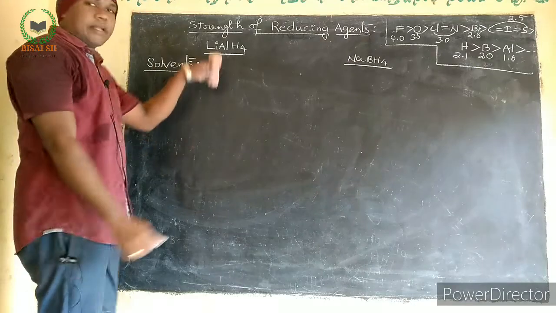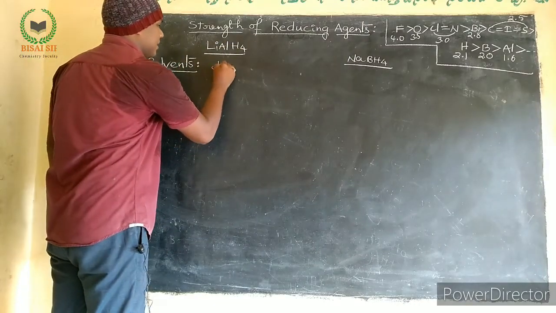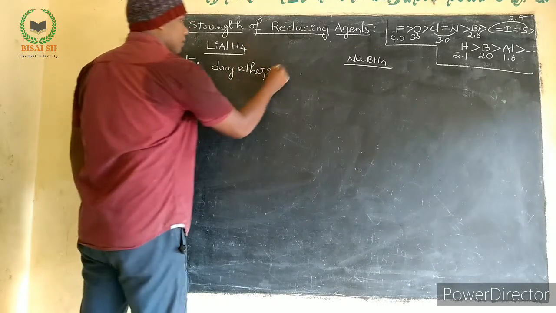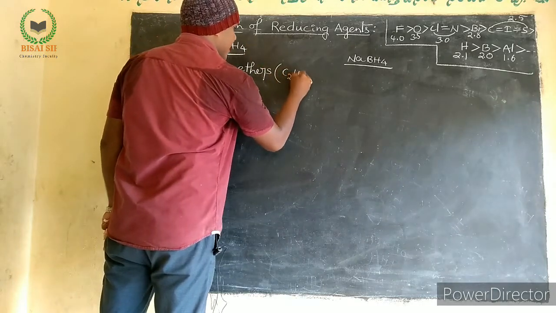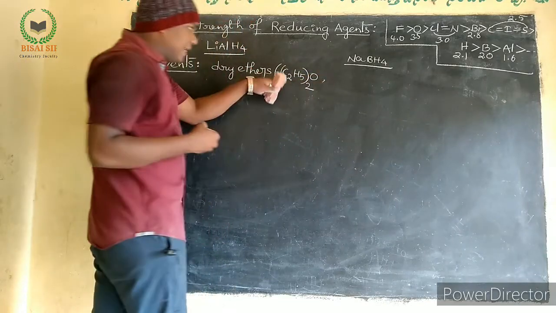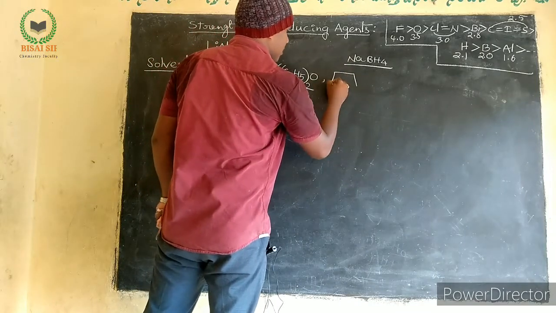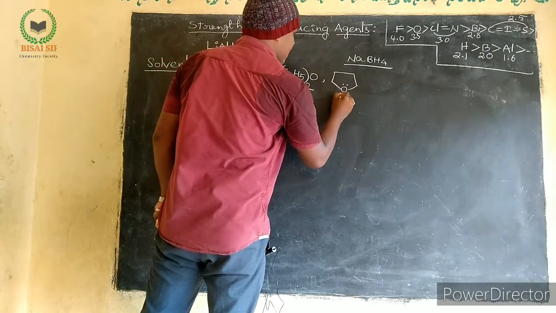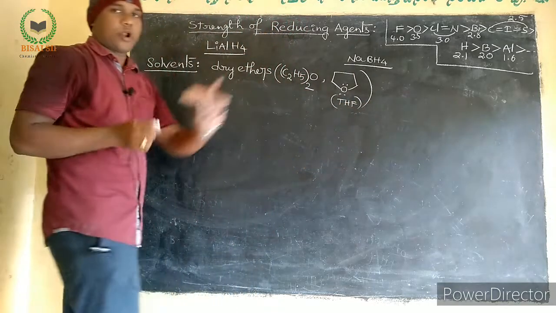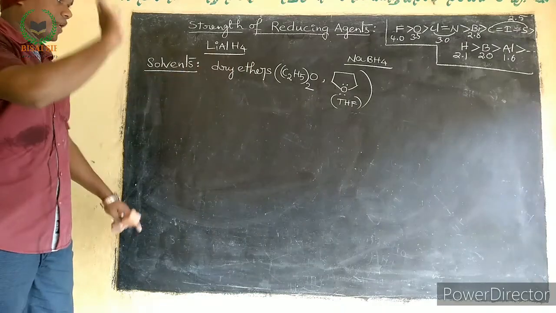In lithium aluminum hydride, the solvents are dry ethers, that is C2H5 diethyl ether, and tetrahydrofuran, this is THF, correct? Dry ethers, etc. You can take any ethers.